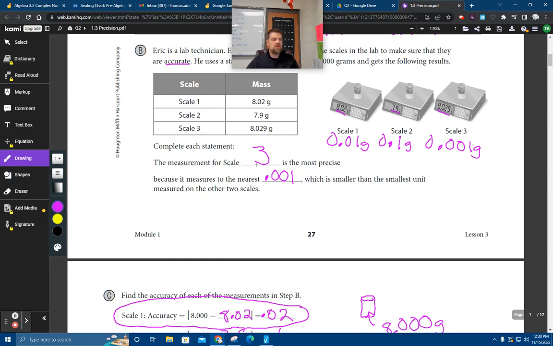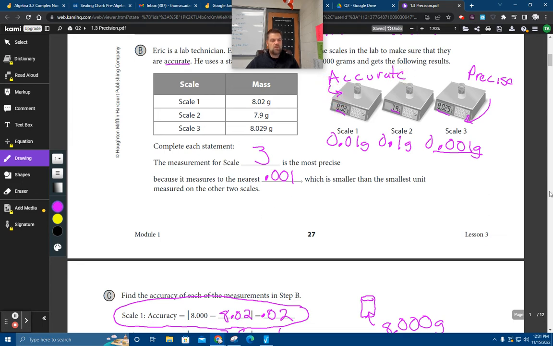Yeah, scale 3 was, right? This is the most precise. Why? Because it measured this, right? But which one was the most accurate? This was the most accurate because it was closest to the original value.